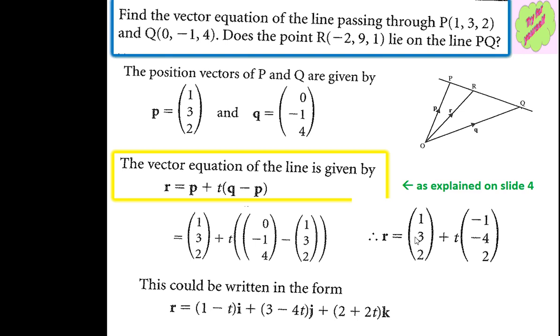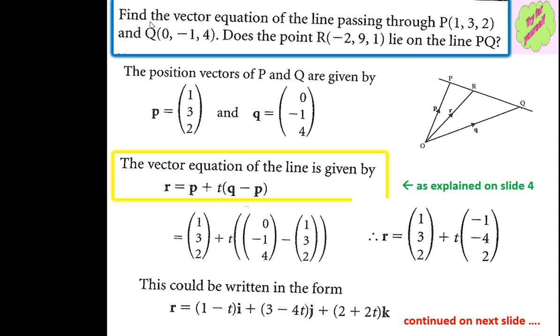Here you've got 3 plus -4t, which is 3 minus 4t. Here for the j, and for the k, you've got 2 plus 2t. So you can expand this, combine them all and put them into ijk form. You can have it in column vector form, or in ijk form as well.